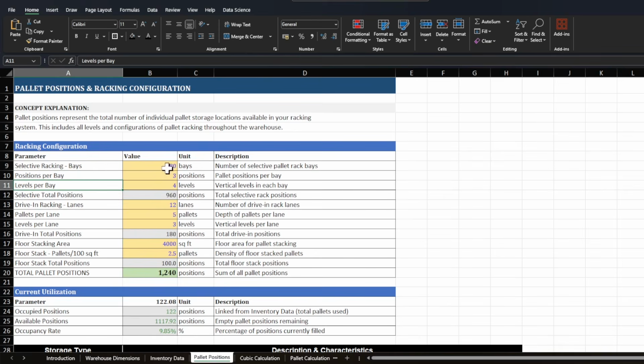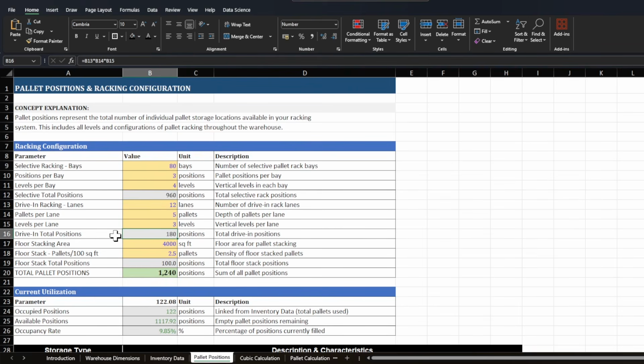So if you multiply all of these three, you will get the total pallet positions available in that bay. The same way for the drive-in racking lanes, you should be aware of how many lanes you have, how many pallets can be in each lane, and what is the level per lane, meaning how much stacking you can do, and then you can get the capacity of total drive-in positions for the pallets.